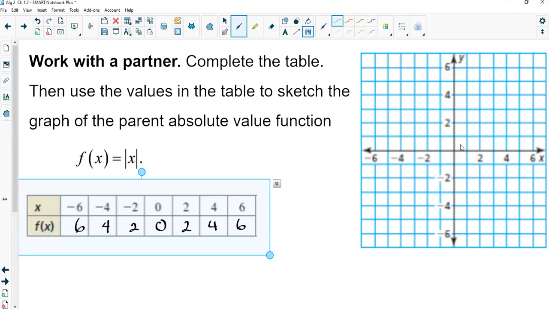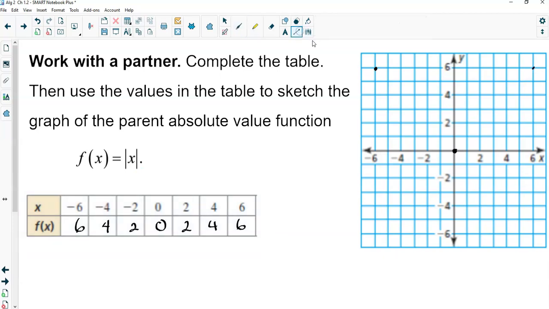You need at least 3 points. You need the vertex, which is at 0, 0. You need -6, 6. So I'm going to take this one, which is here. Then I'm going to take this one, which is here. Once I do that, all I have to do is graph it.